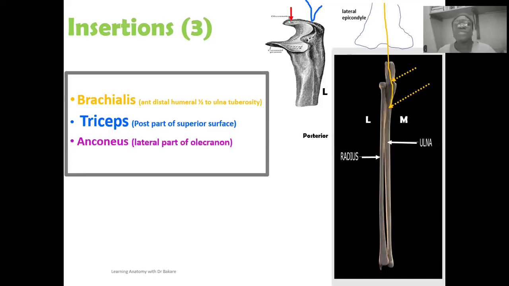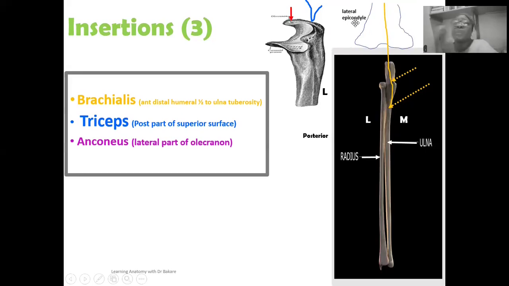Then the next muscle is the anconeus. The anconeus is specifically seen around the posterior region of the elbow, and it is inserted on the lateral part of the olecranon process. If you look at this image up here, this is the humerus, and this is the lateral epicondyle. Don't forget that this is the lateral side and this is the medial side. So we should expect that the lateral epicondyle will be positioned around the lateral region.